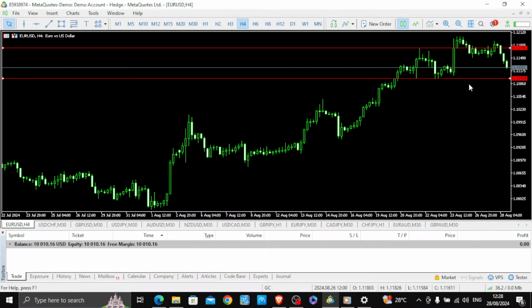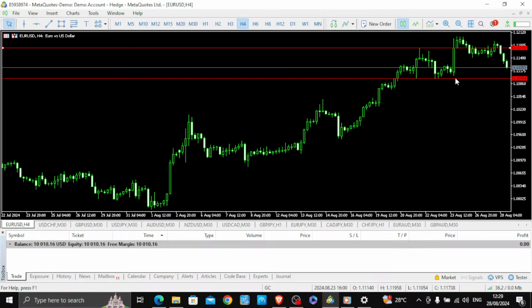So before we can start looking for opportunities to sell this EUR/USD, we must wait for the market to take out this swing low. This is our lower high. Exactly. Then based on the market reaction, we will now be watching what will be happening here.